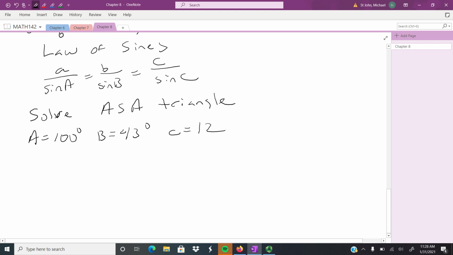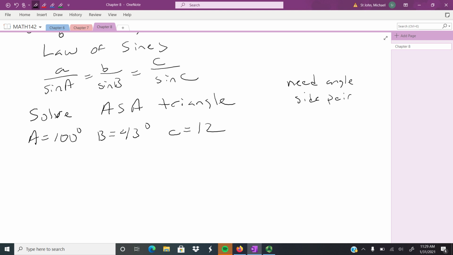Right? Well, in order to solve a law of sines question, you need to have an angle-side pair. What that means is we need to know either angle A and side a, angle B and side b, or angle C and side c.